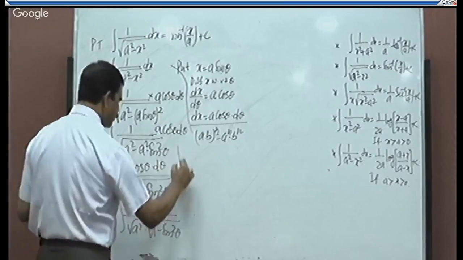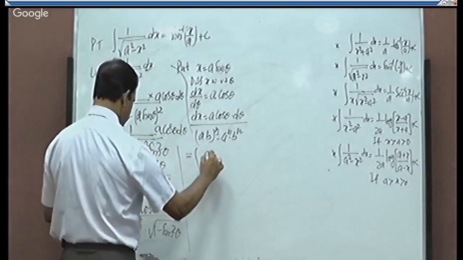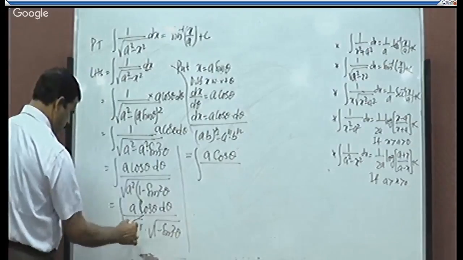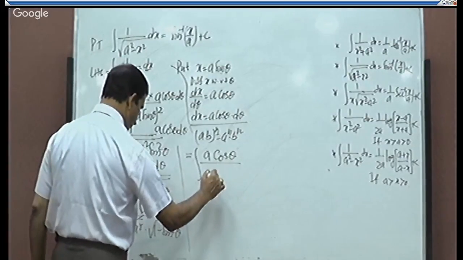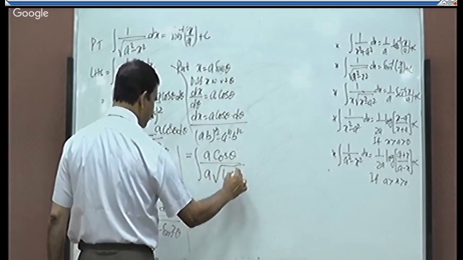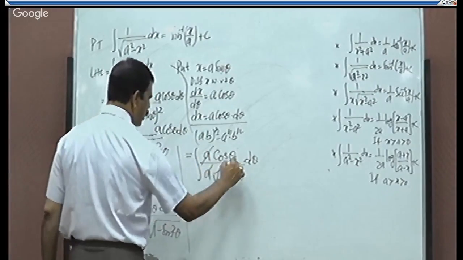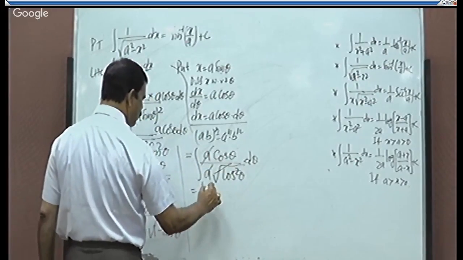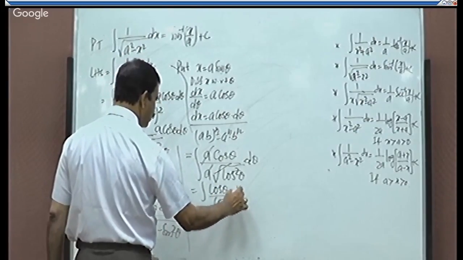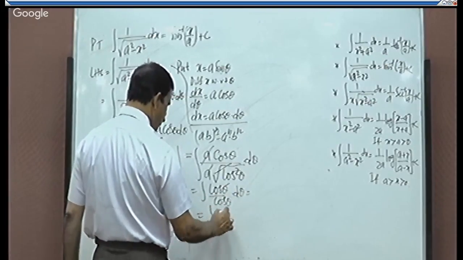That is equal to a into cos theta divided by, the square root cancels, a into root of cos square theta into d theta. A gets cancelled, the square root gets cancelled. What is remaining? Cos theta by cos theta into d theta, that is equal to 1 into d theta.